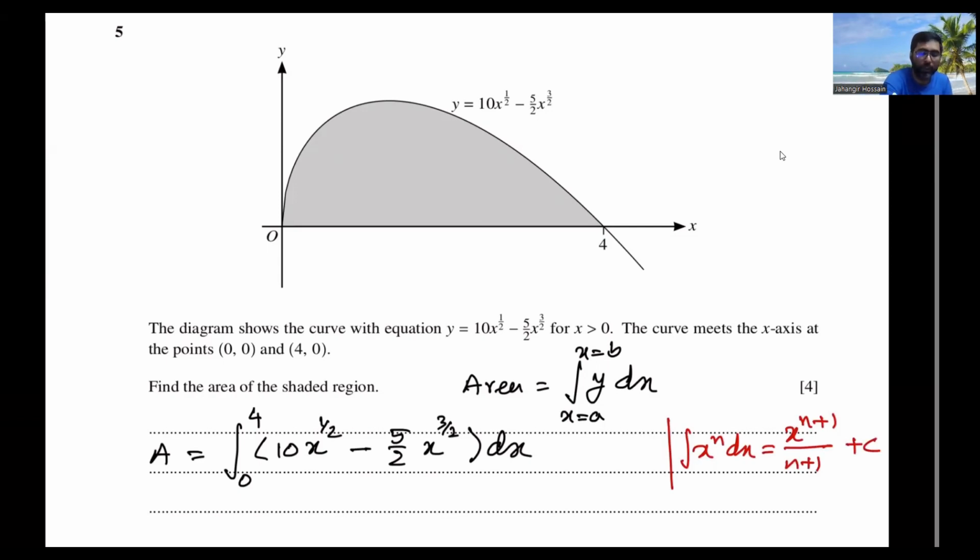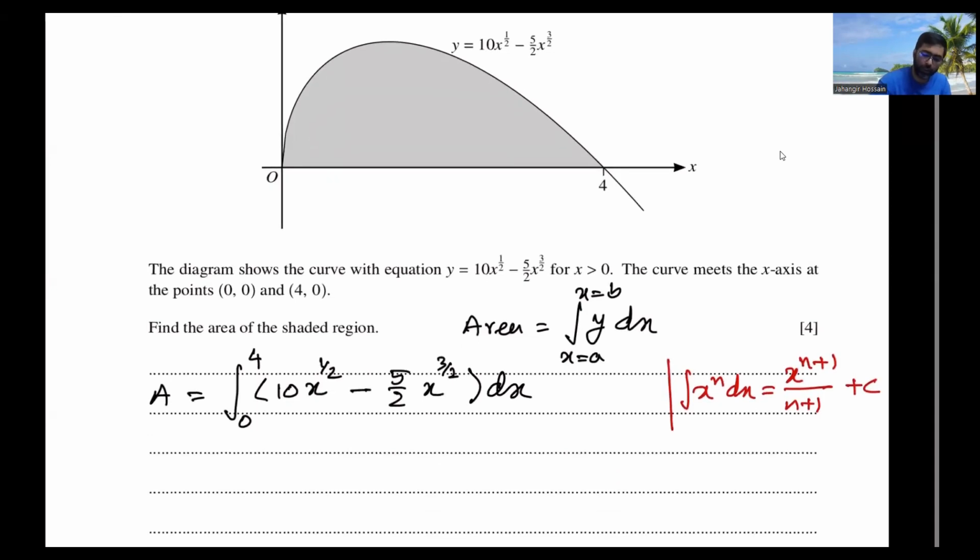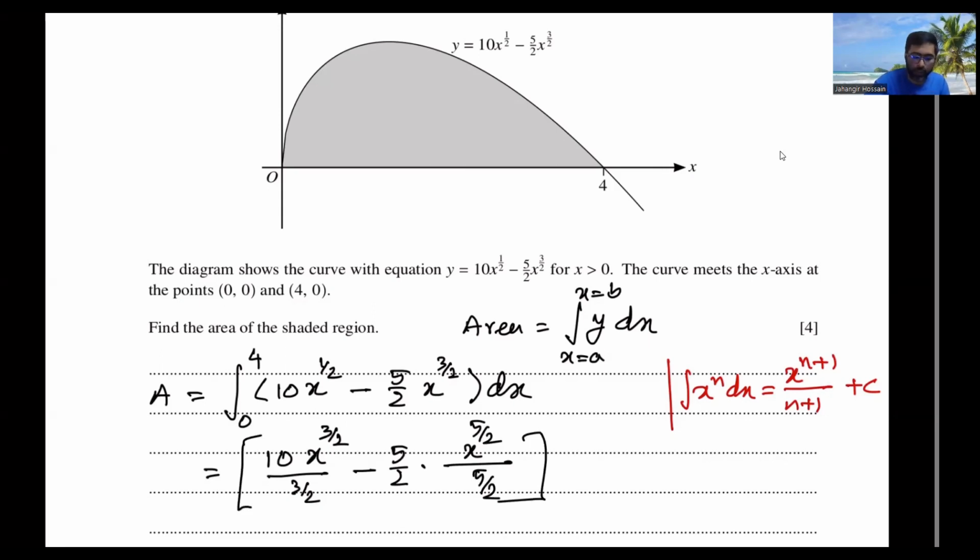Here we have the limit, so we'll not give plus c. Directly do the integration first. x to the half plus 1, that is 3 by 2, divided by 3 by 2, minus 5 by 2 times x to the power 3 by 2 plus 1, that's 5 by 2, divided by 5 by 2. That's the integration. Now, since we have limits, we put a bracket and place the limits at the end of the bracket.